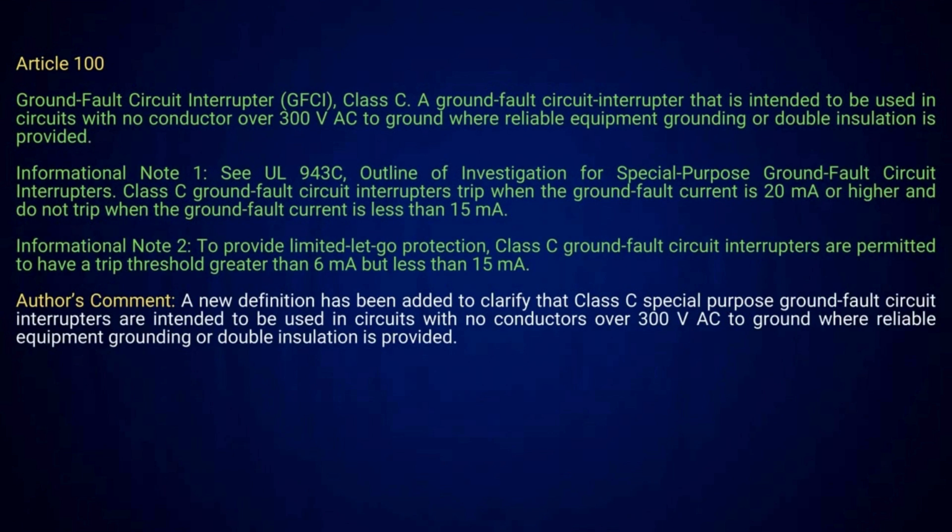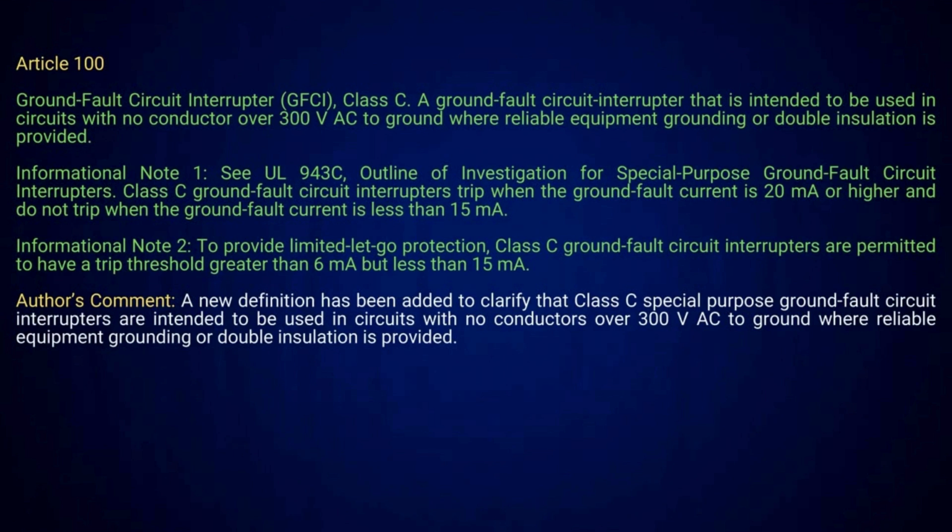What they did is they come in and tell you exactly what a Class C is. They added this new definition to clarify that a Class C special purpose GFCI is intended to be used with circuits with no conductors over 300 volts AC to ground, where reliable equipment grounding or double insulation is provided.